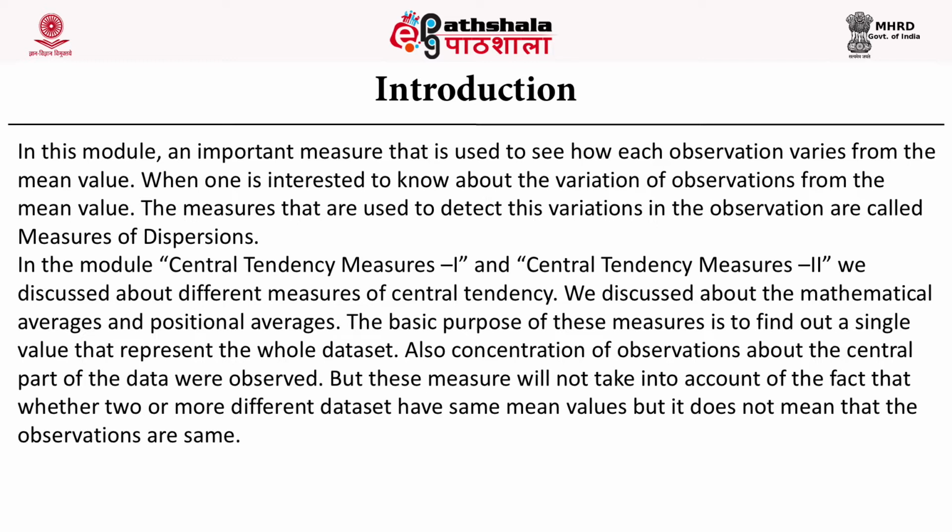Also, the concentration of observations about the center part of the data was discussed, but these measures do not take into account the fact that two or more different data sets may have the same mean value, but it does not mean that the observations are the same.